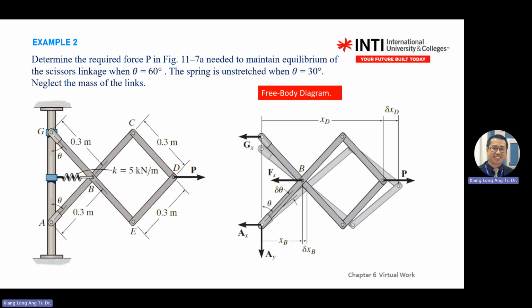It's just that when you do the analysis, you will get a negative result. For this pin here, imagine AX to the right, AY going down. Of course, you can put AY up if you want. FS is to the left, P is to the right.